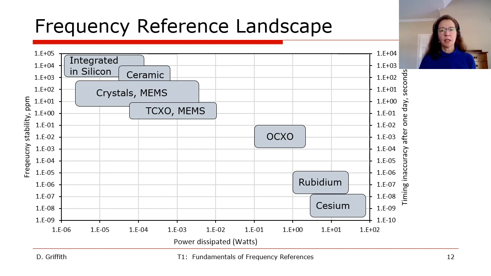Continuing on, we find OCXOs, or oven compensated crystal oscillators, which have stability measured in parts per billion, or ppb, which is 1e-3 parts per million, but they consume closer to 1 watt of power. In the bottom right of the plot, we find the rubidium and the cesium atomic clocks, which are several orders of magnitude more stable than the OCXOs, but they also consume much more power.